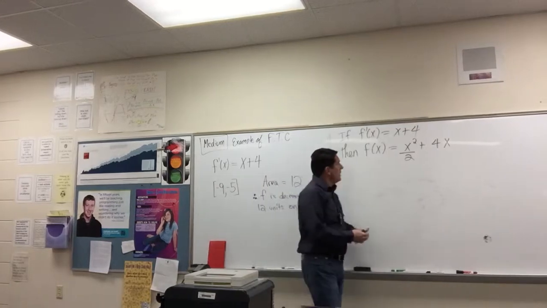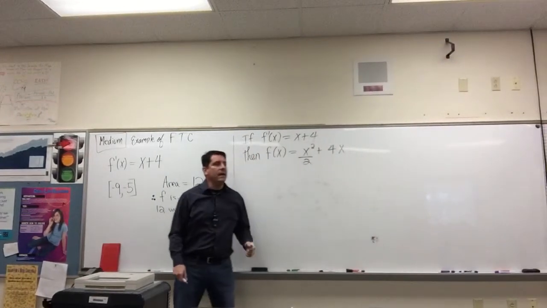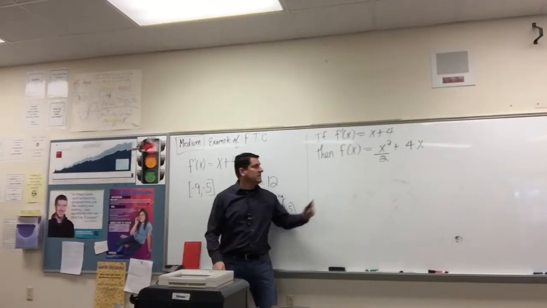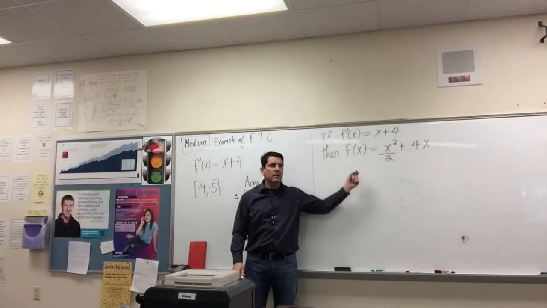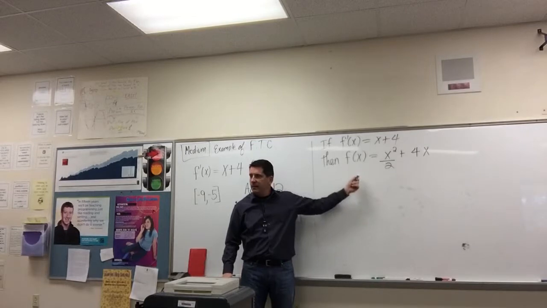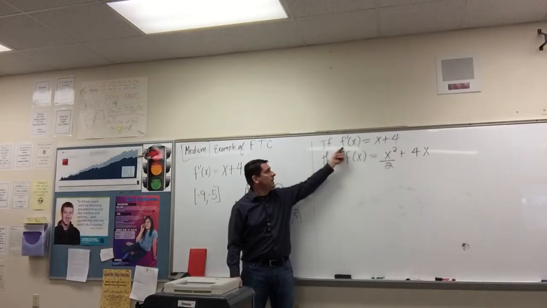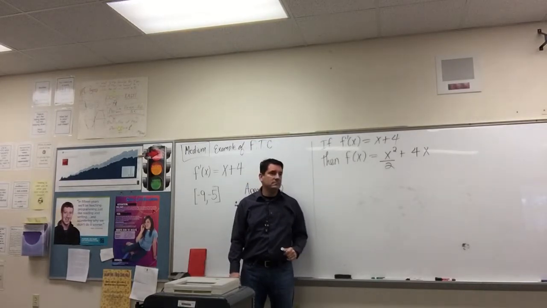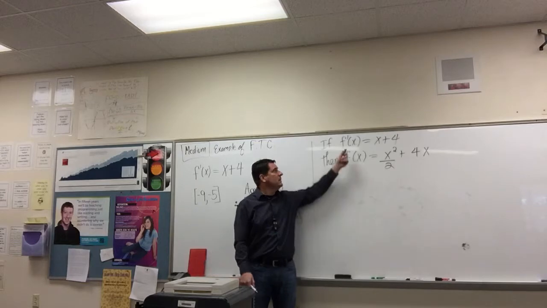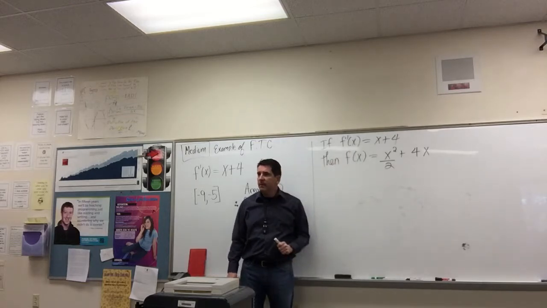Now, this is what we call, now listen to the wording. This is an antiderivative of f prime. It's one of them. How many antiderivatives of f prime are there?